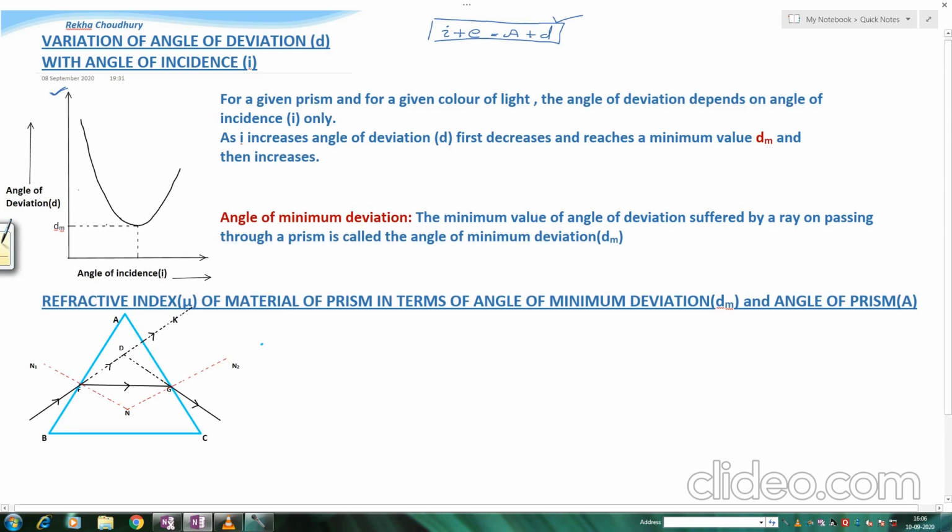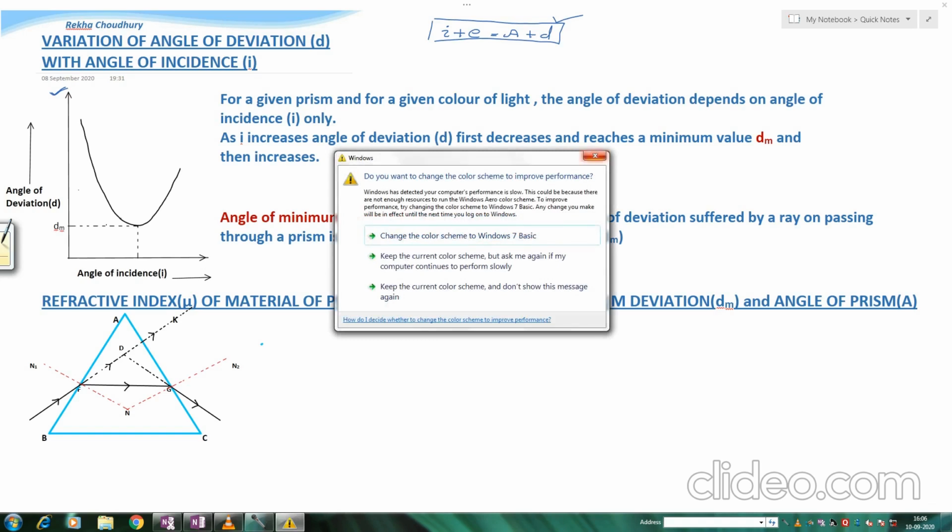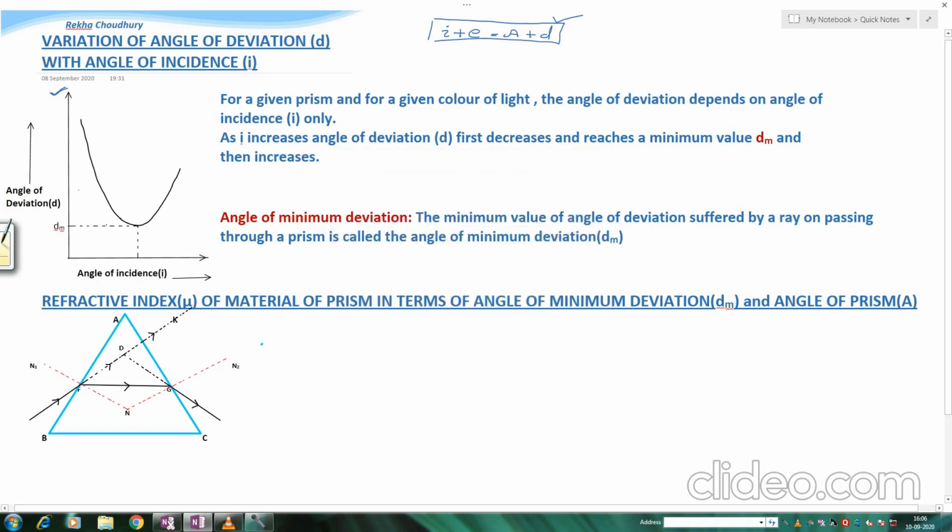And from this graph again we can observe that for a given angle of deviation there are two different angles of incidence, but for a minimum angle of deviation there is only one angle of incidence.